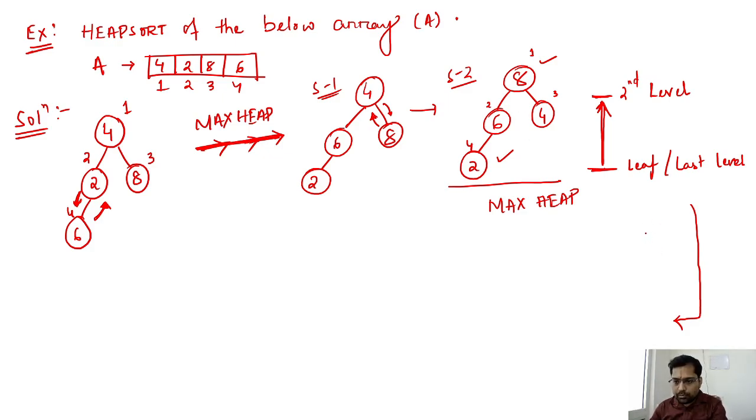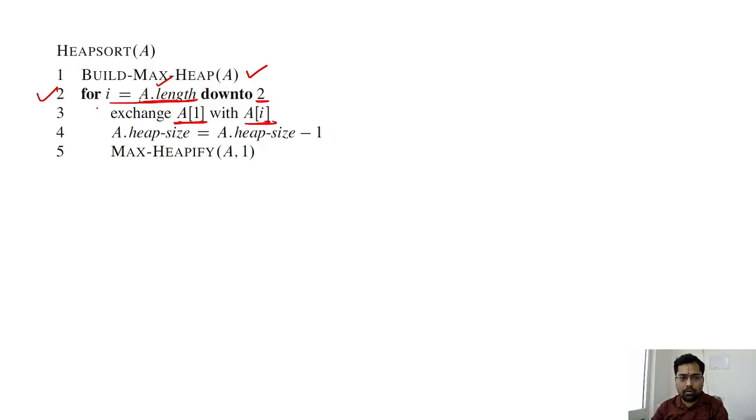Step 1 of heap sort: we run a for loop and exchange the first element, which is our root node, with the last node. Why? Because if the last node is deleted, there will not be any problem in the structure, because the levels should be filled from left to right.